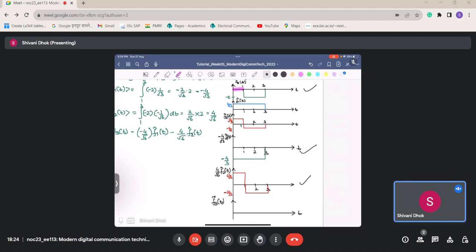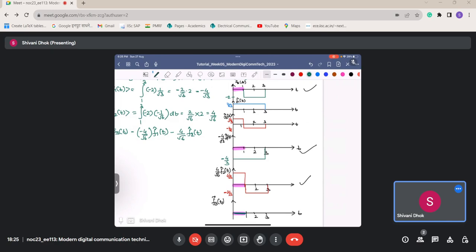So this is 0, this is minus 4 by root 3, and this is again 4 by root 3. So it is 0, minus 4 by root 3 plus 4 by root 3. So in this range from 0 to 1, this is 0.